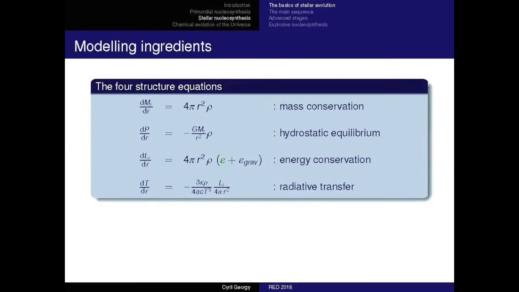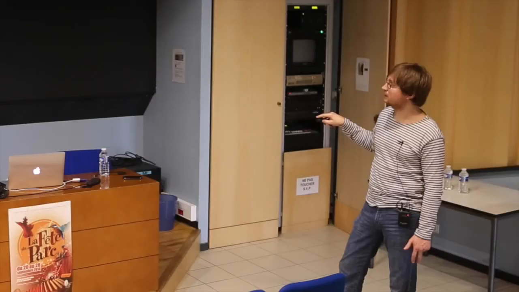So if you count what you have here, you will find, I think, 7 different variables: the mass, the radius, the density, the pressure, the luminosity, the epsilon, the temperature, and that's it, the kappa.